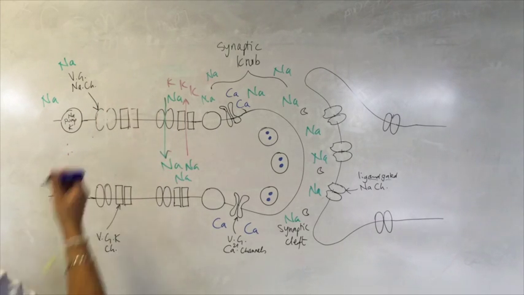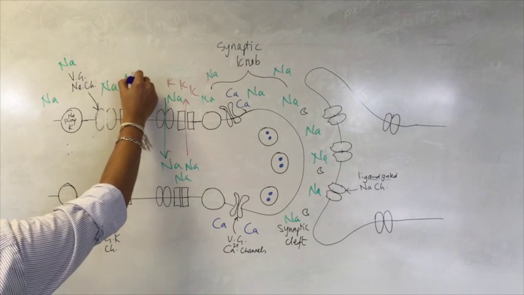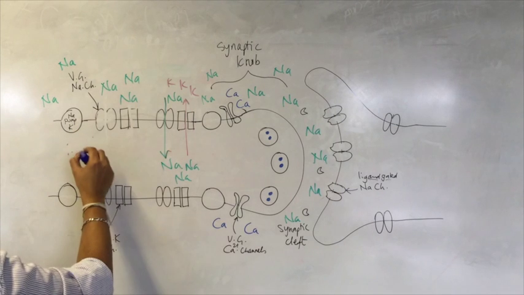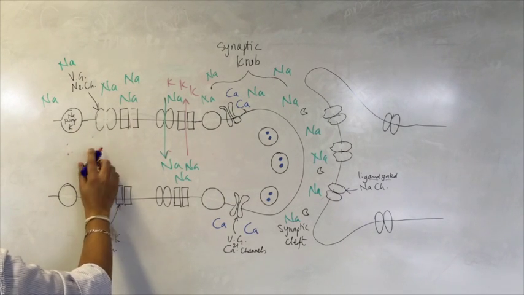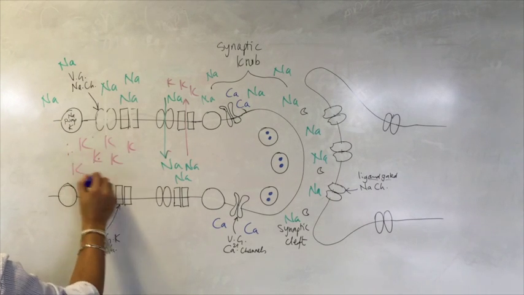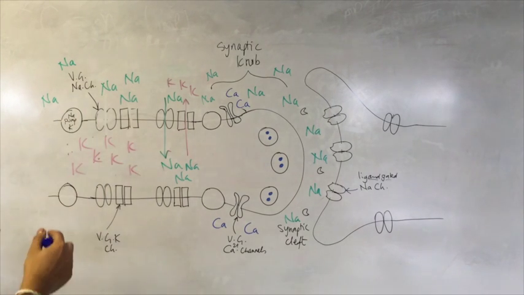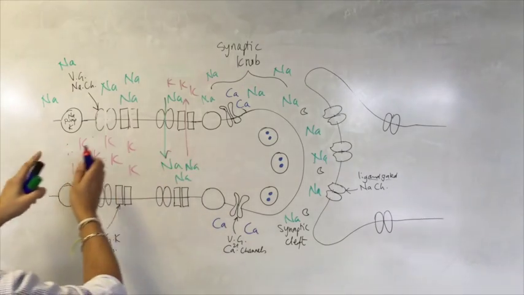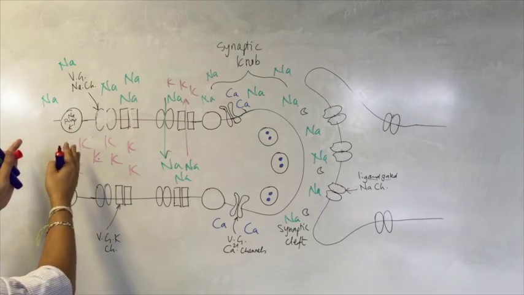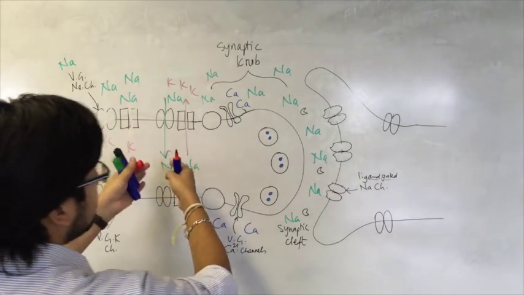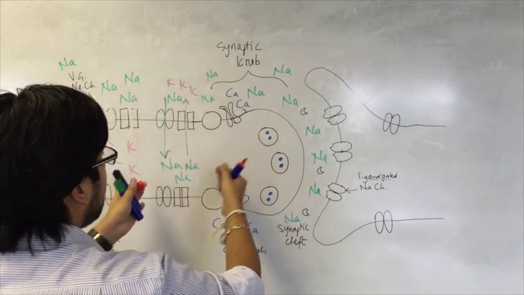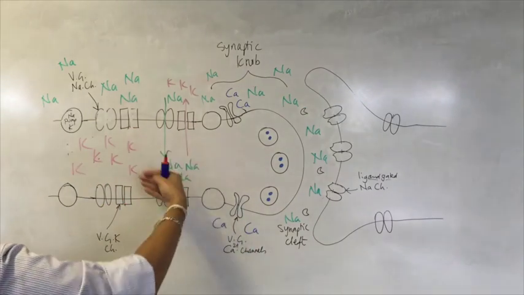All the sodium is being pumped back out, and the potassium is actively transported in. Once you've started the depolarization in the next step, behind recovers. Then the action potential spreads over here, and eventually even this part will recover.